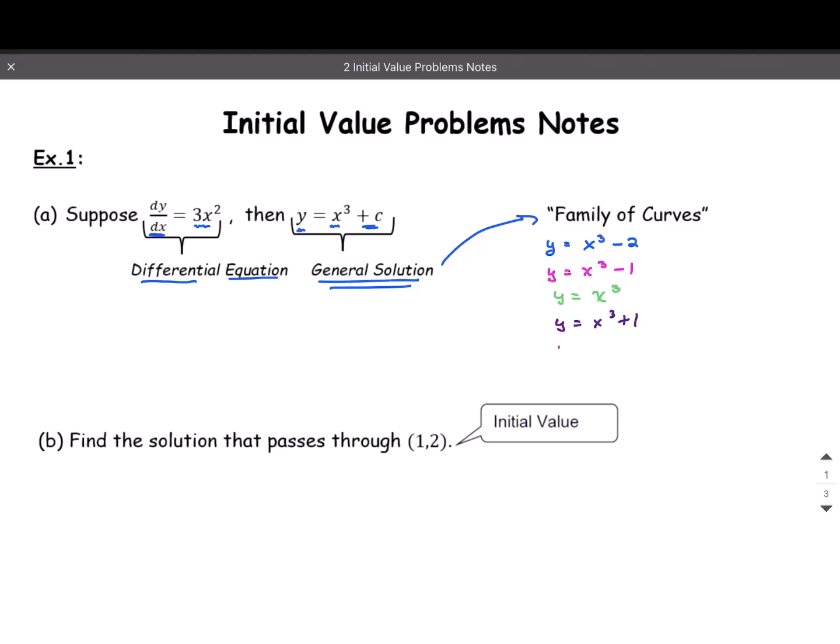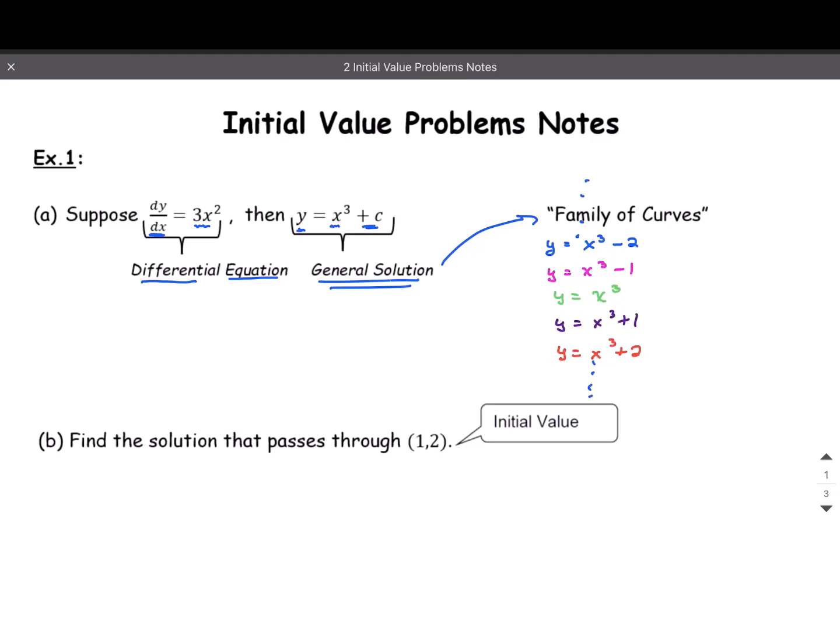We have y equals x cubed plus 2. And we could keep going in both directions for an infinite number of equations that would satisfy that differential equation. Up to now, the general solution has been perfect for us. That's all we've needed. But sometimes we need a specific solution.